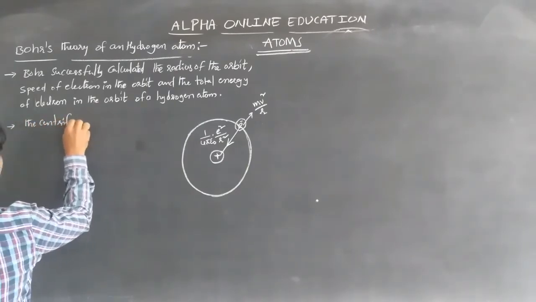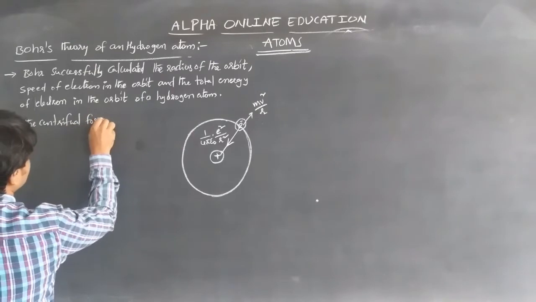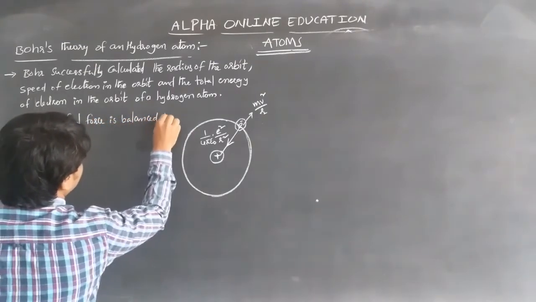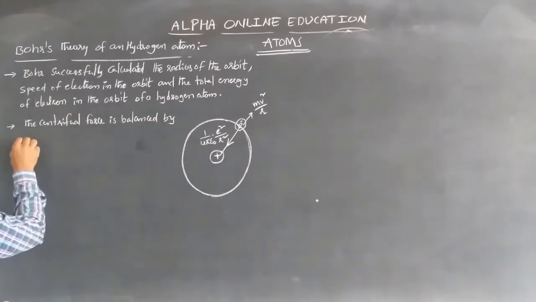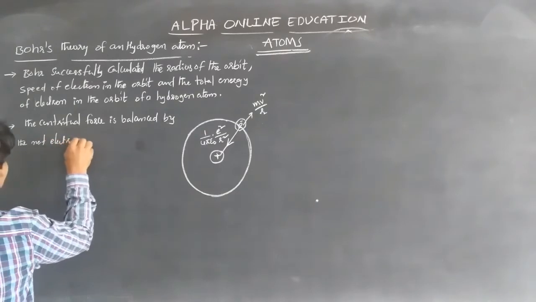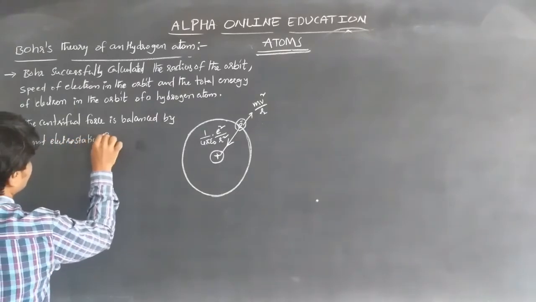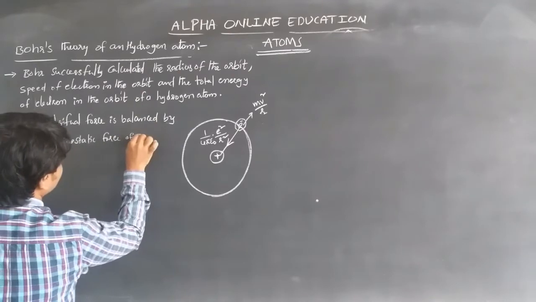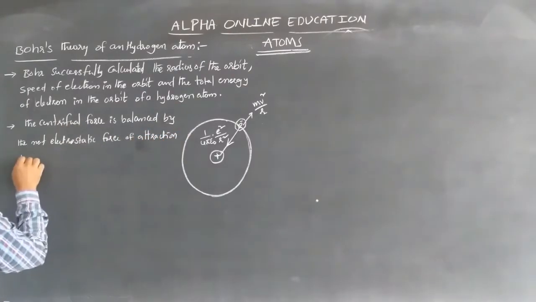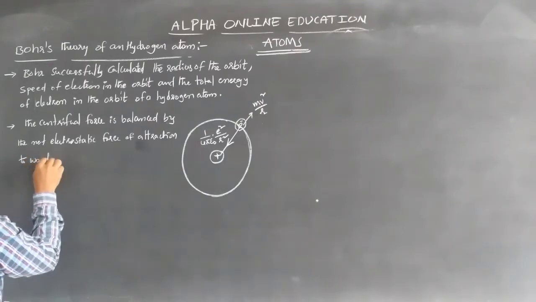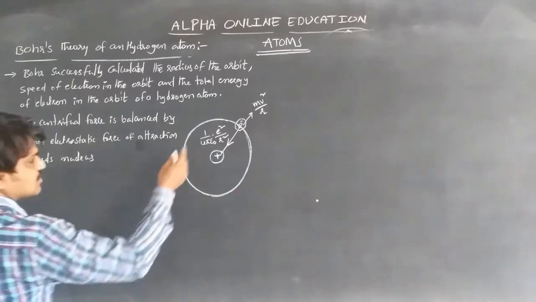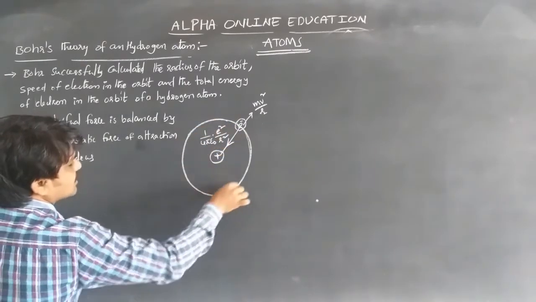So the first postulate is that the centrifugal force is balanced by the net electrostatic force of attraction towards the nucleus, so that the electron can revolve constantly in the orbit.